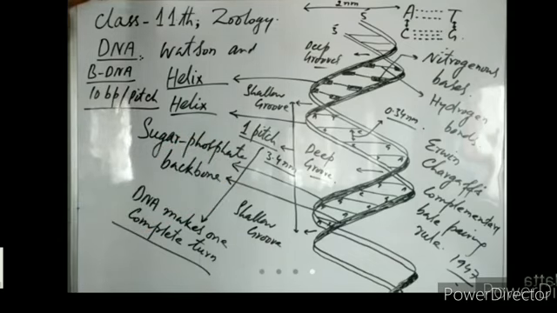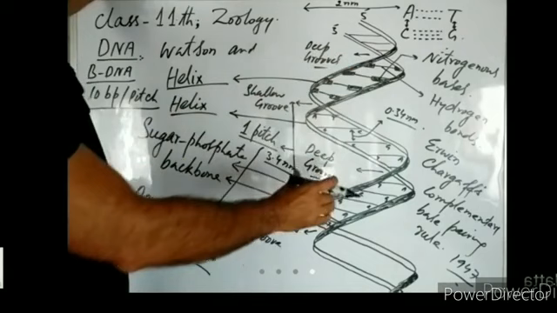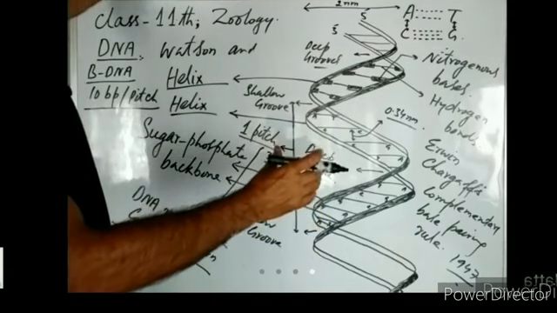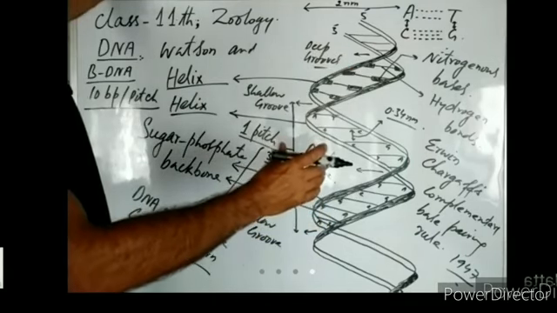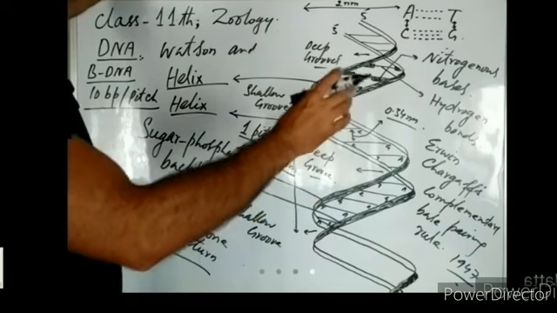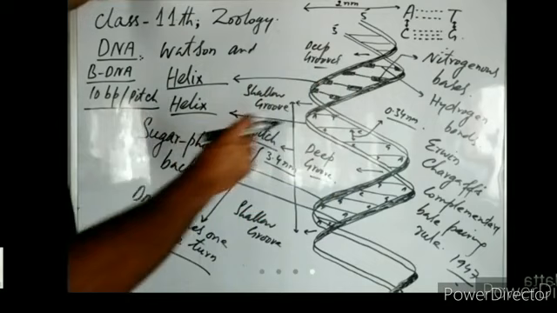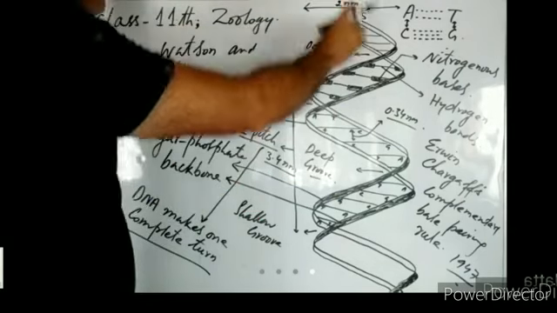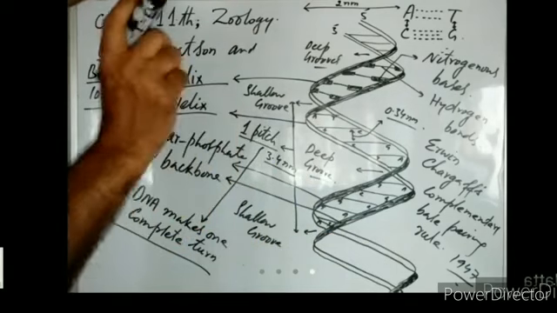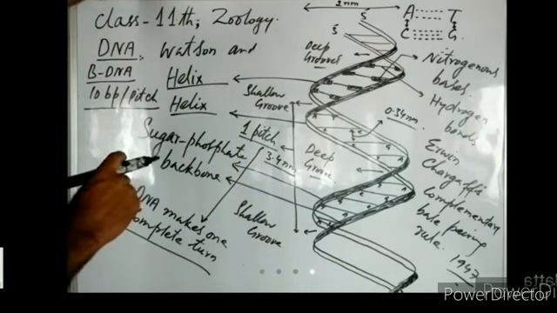Now, physically this DNA appears as a double-stranded molecule. These two strands are anti-parallel to each other. If we project them forwards, they will never meet each other. If we project them backwards, these two strands are not going to meet each other. So they are parallel, but their direction is opposite.